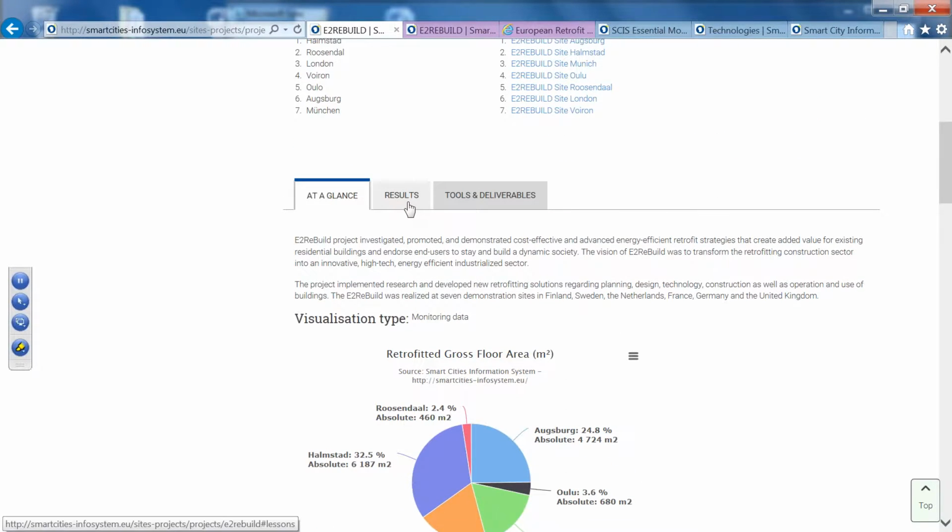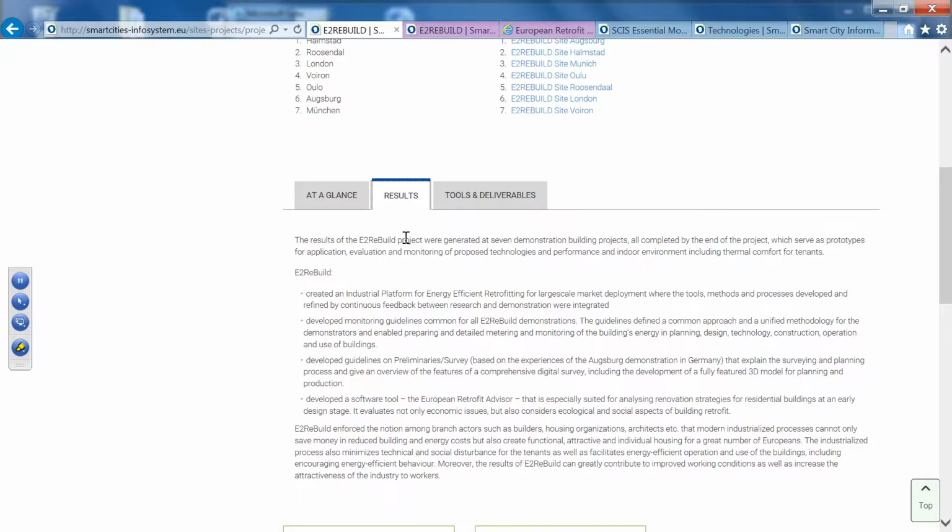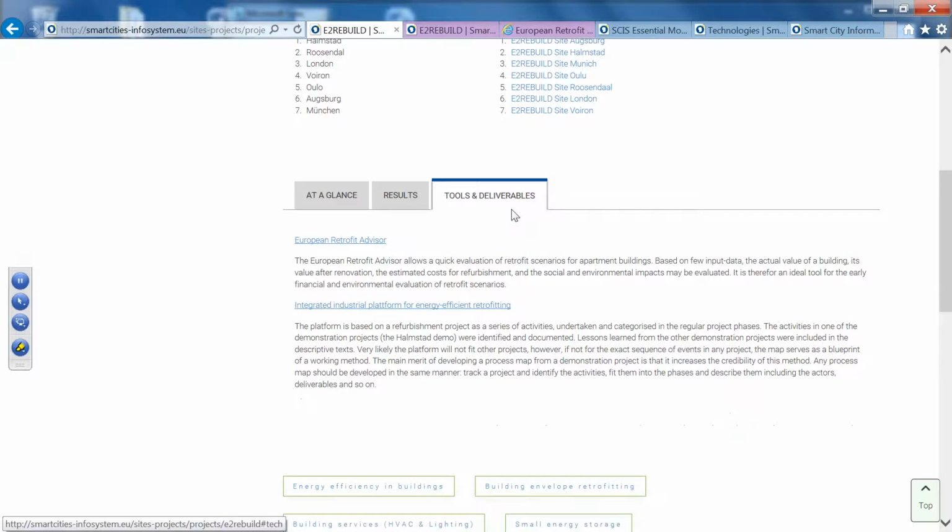In this part of the SKIS website, you can also go to the results. You have general information on the results that the project achieved, and also the tools. The deliverables will be here also, but they are available in the library too. For example, E2 Reveal have done a European retrofit advisor, and this is available for you.